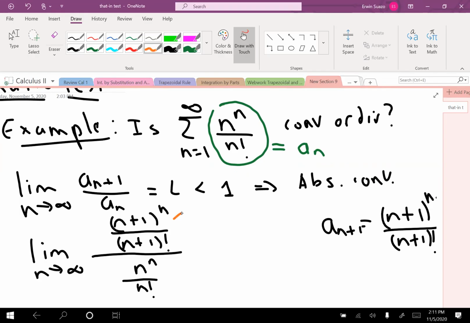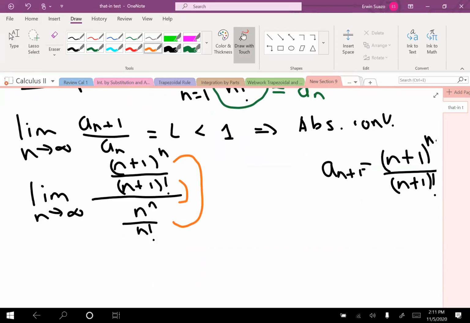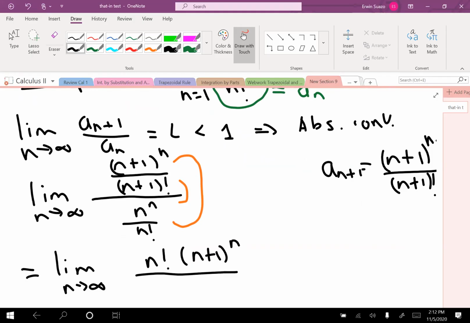So we do the eating rule again. When you multiply, you get the limit as n goes to infinity of n factorial times n plus 1 to the n plus 1, divided by n plus 1 factorial times n to the n.